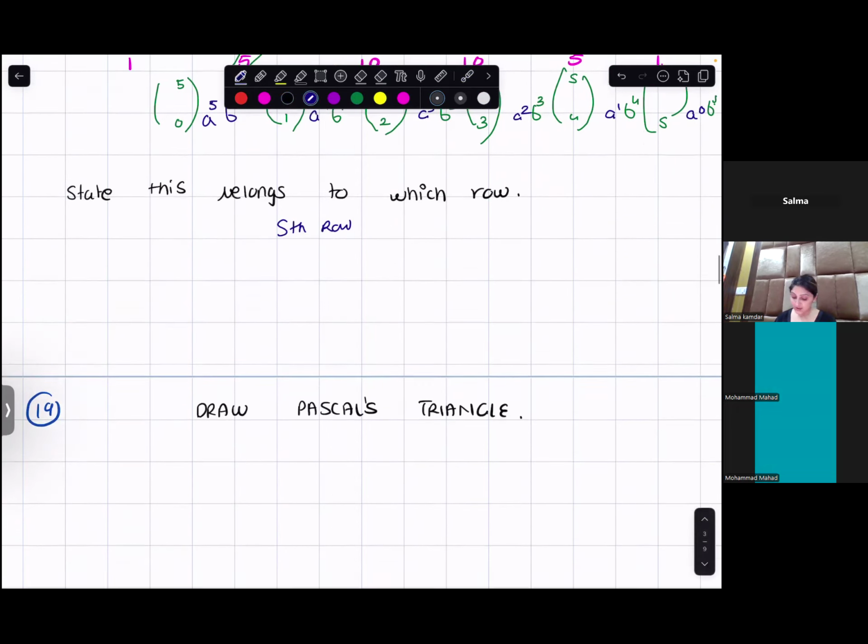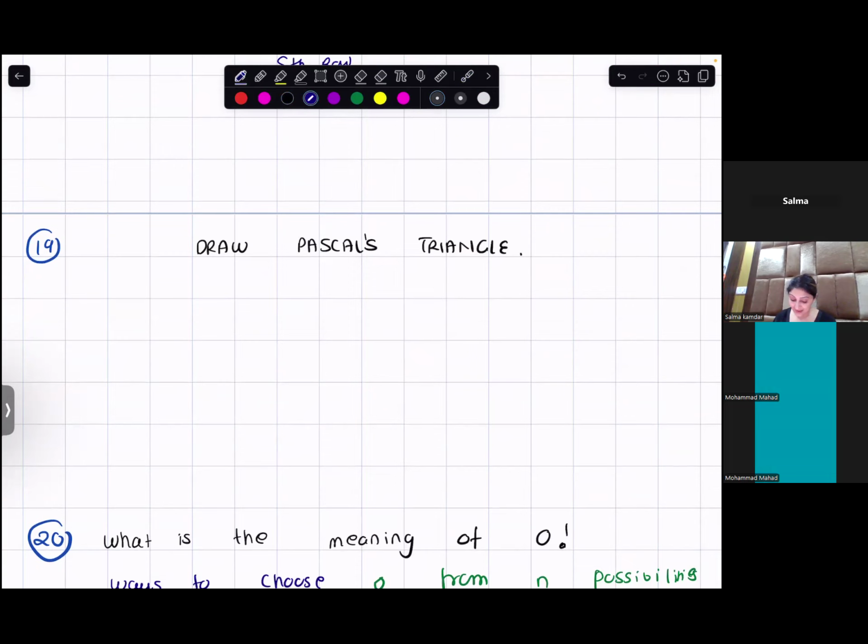When I am supposed to draw the Pascal's triangle, it looks something like this. 1; 1, 1; 1, 2, 1; 1, 3, 3, 1; 1, 4, 6, 4, 1; 1, 5, 10, 10, 5, 1.